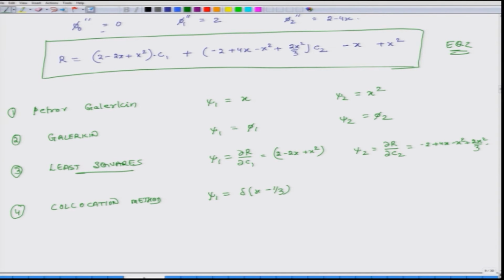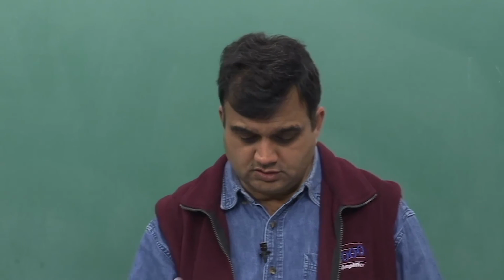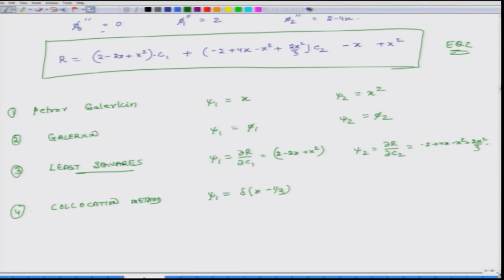So, I am just picking up these locations. If it is a 2-term solution, I have to make sure that the residue goes to 0 at 2 points. I have made that choice; it is not some special mathematics. I am picking the first point x equals 1 by 3 and the second location x equals 2 by 3.